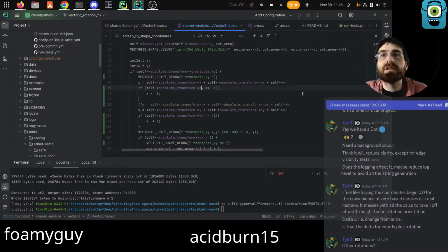So this should be dx, because for the 90 case, we want this to apply. So that's got to be dx, and then I assume that's got to be dy. I was thinking they were flopped because it's transpose or whatever, but I think that's wrong. I think they should match.